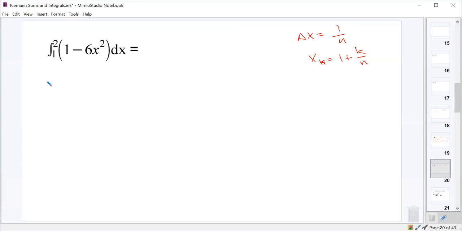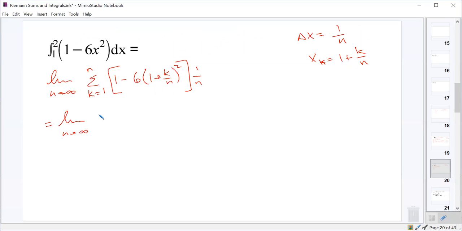So we will make this a limit as n approaches infinity of a sum from k equals 1 to n of 1 minus 6 times x sub k, which is 1 plus k over n squared, times delta x, or 1 over n. Good or no? Good. Great.